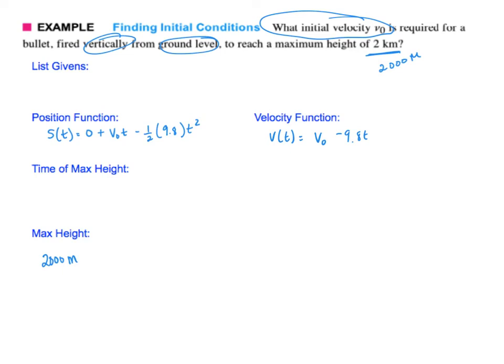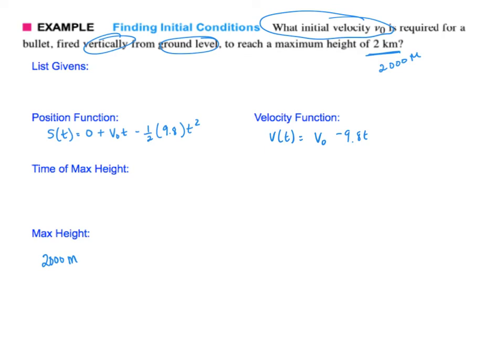We're going to have to use a system of equations, though, to remove some variables, right? Right now our position function has 2 variables. Our velocity function also has 2 variables, but if we put these together, maybe we can come up with one equation with 1 variable. So I'm going to take my velocity and manipulate it a little bit.